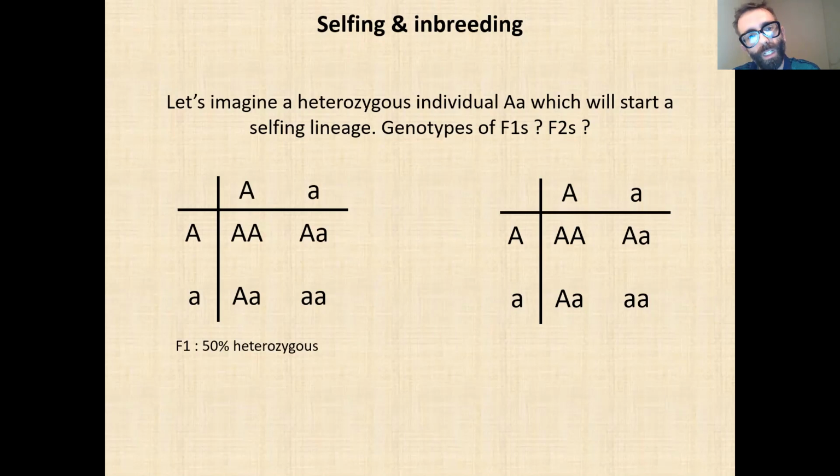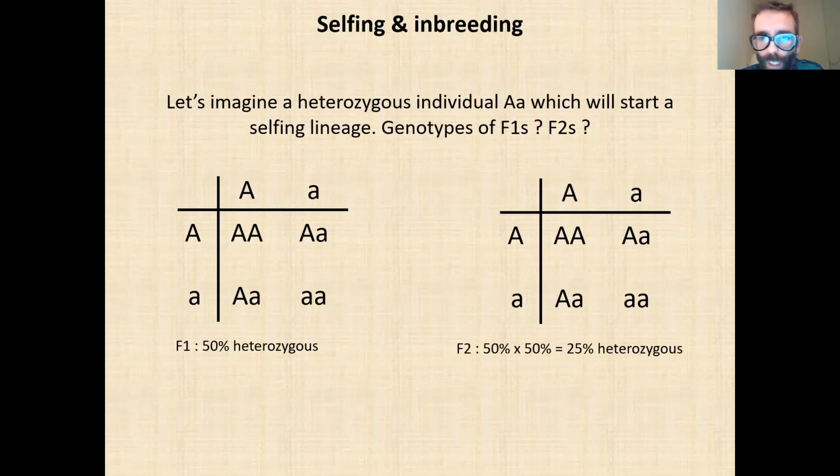So only the other 50% that are heterozygotes can generate different genotypes. And basically, it's the exact same thing. These 50% heterozygote individuals will give rise to half of individuals being heterozygotes and half being homozygotes.